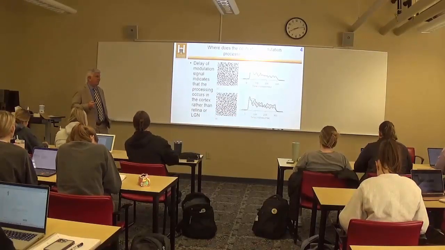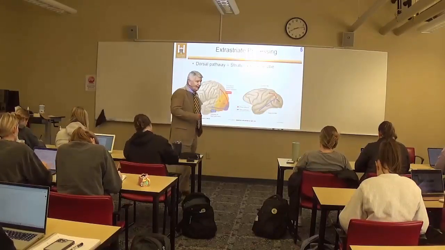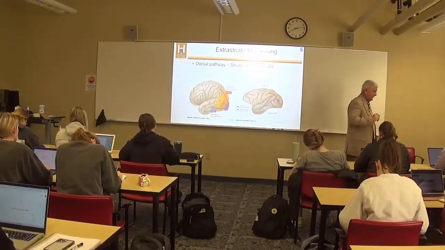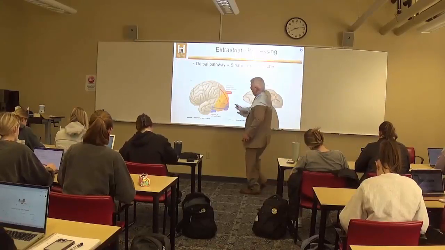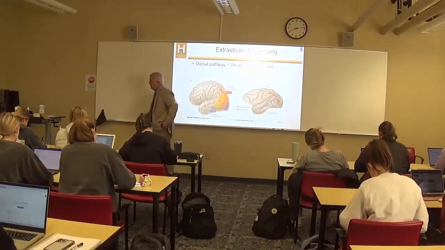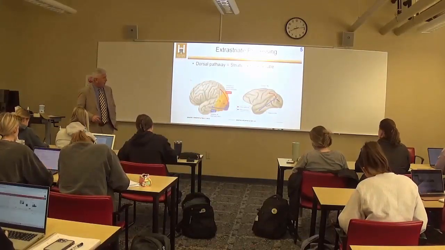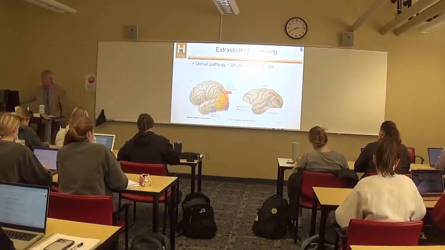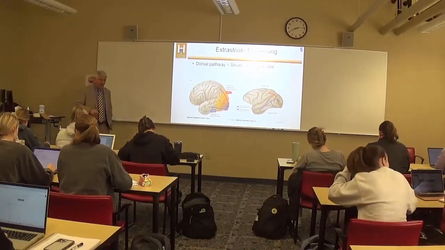All right. So we have two general pathways coming out of V1. This is getting into extrastriate cortex. We have a dorsal pathway up into the parietal lobe, and that pathway is sometimes called a how pathway or aware pathway. I would rather refer to it as an action pathway.